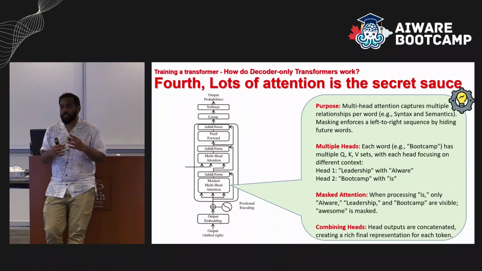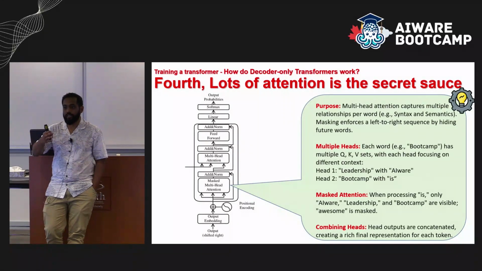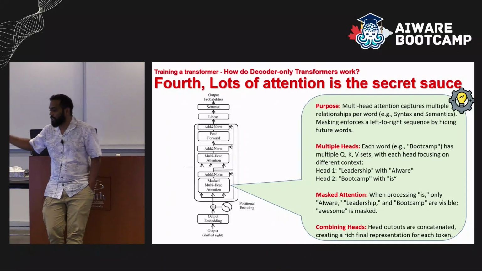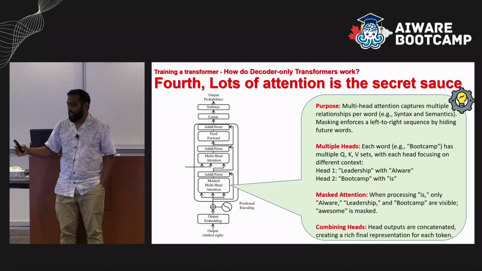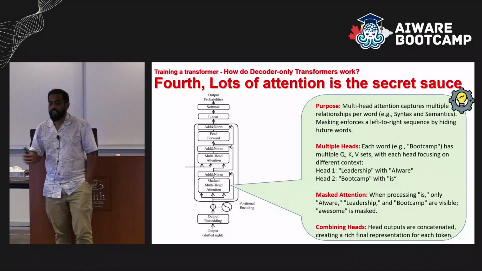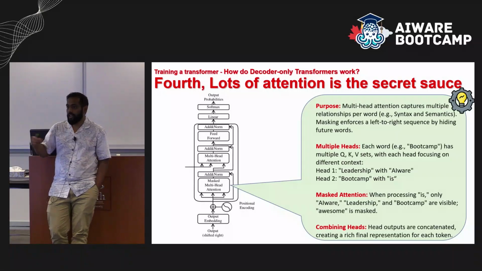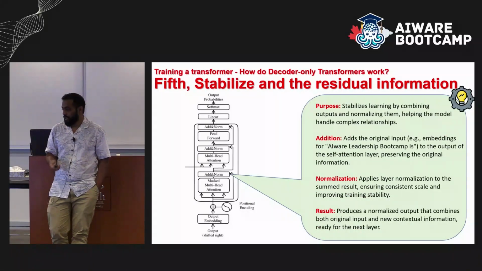So to capture multiple contexts, multi-head attention calculates the self-attention several times over. And they're all finally combined together so that a very rich representation of each of the words is available.